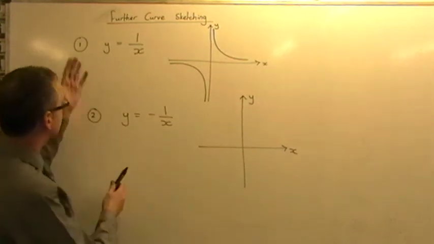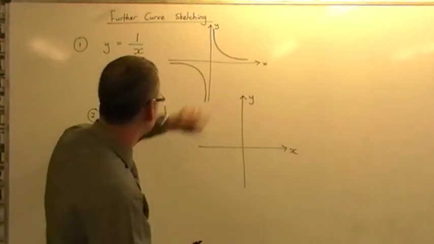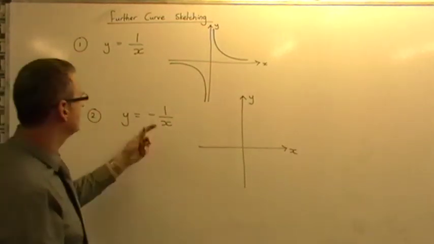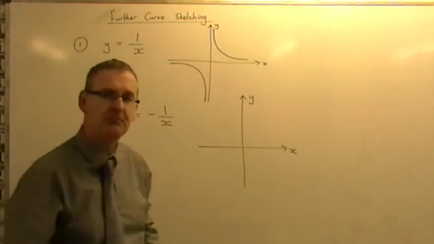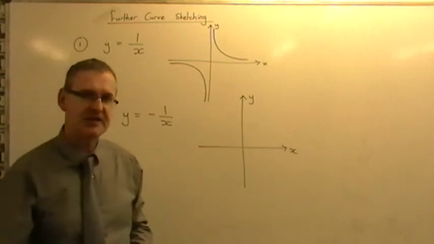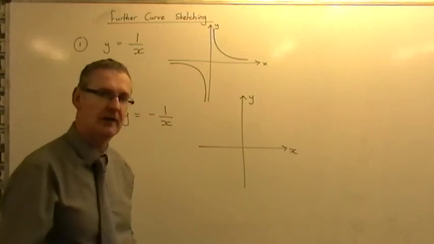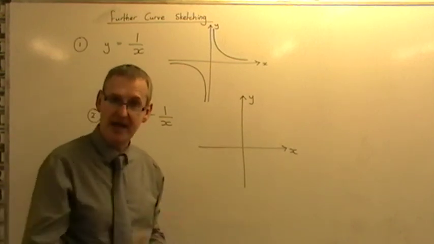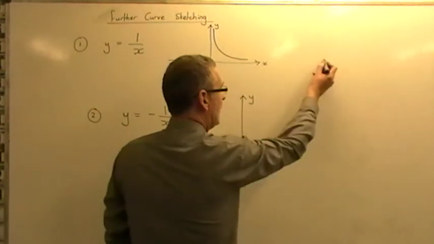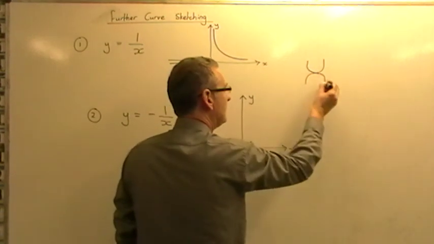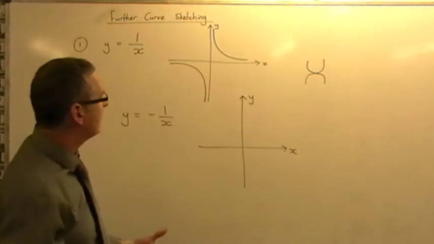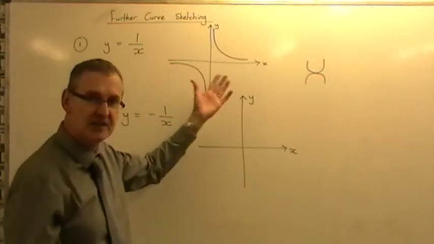So that's number one, I'm just going to say we know that. Okay, so you learn that off by heart. Number two, I'm going to look at y equals, now it's exactly the same, but I'm putting a minus in front of it. Well, simply when you get a minus 1 over x graph, all you're going to do, like you did for the x squared, which became n shapes, like you did for the x cubed graph, which flipped the other way when you did a minus x cubed graph, you're going to get a reflection of this curve in the x-axis.